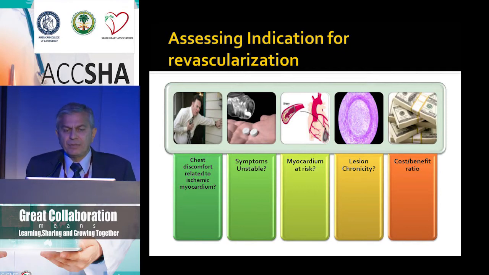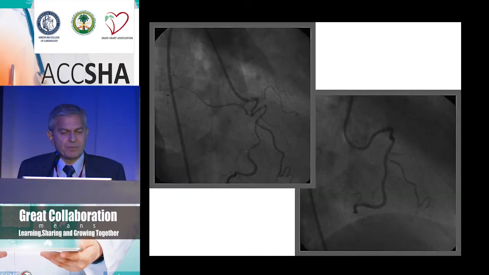Another thing to keep in mind is obviously the cost versus benefit ratio. This is a picture of an artery, one of my old collections from when I was younger, doing a heroic intervention on an artery which did not need to be done. I mean, if you really look at it, what is it supplying? It's a non-dominant right.